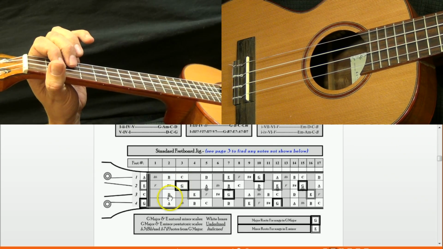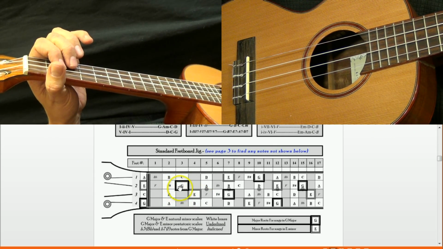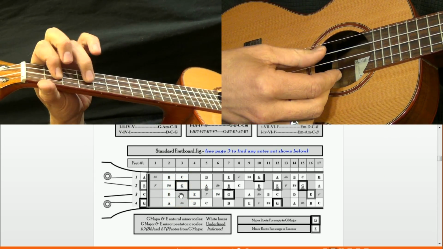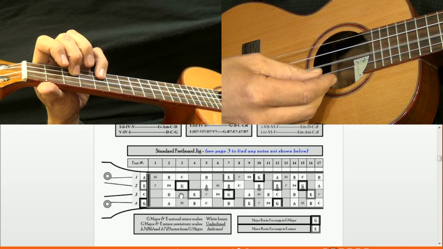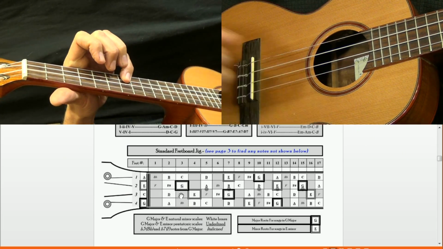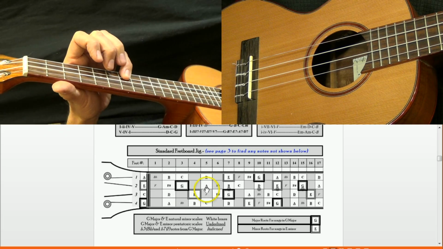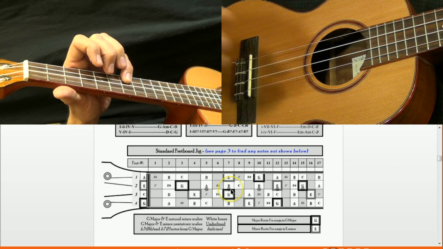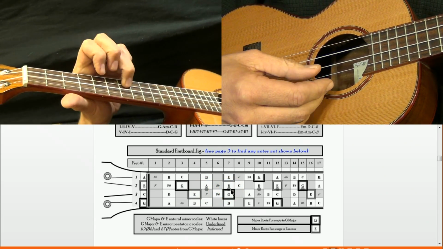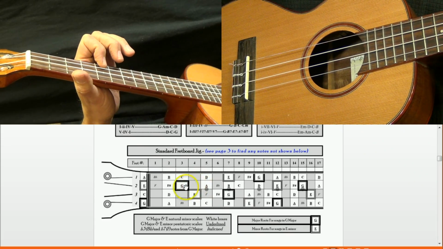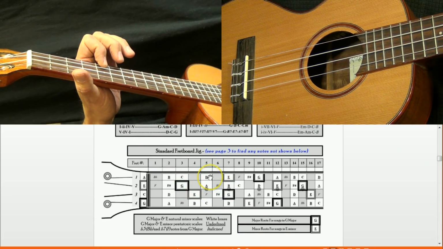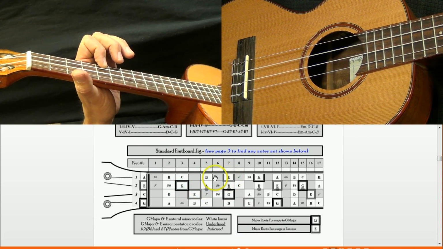And if I want to start on a D and go D, E, F sharp, G, I can do that way. This little slide works because I just went from A up to B. Okay, so that's G, A, B, up to D. Then I could hit this E if I want.